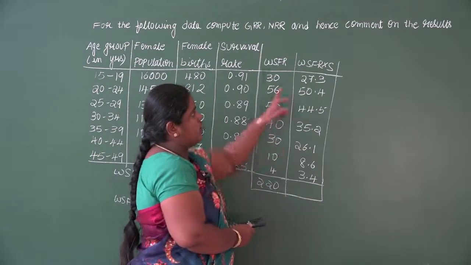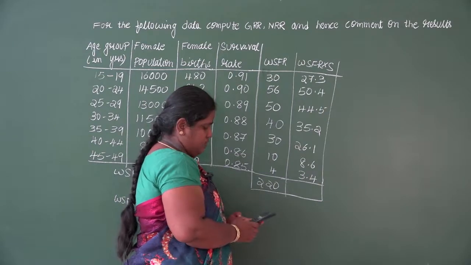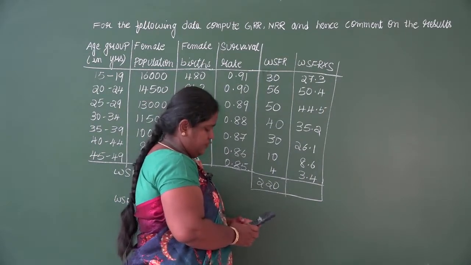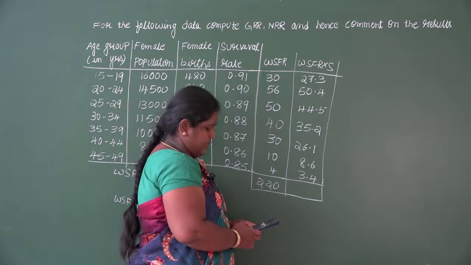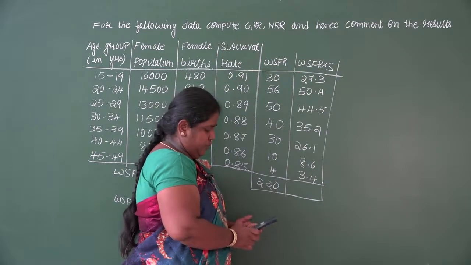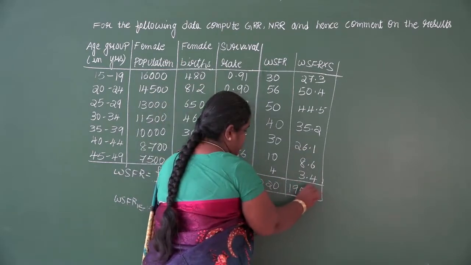Similarly, add the values of WSFR into S. It is 27.3 plus 50.4 plus 44.5 plus 35.2 plus 26.1 plus 8.6 plus 3.4. So we'll get 195.5.